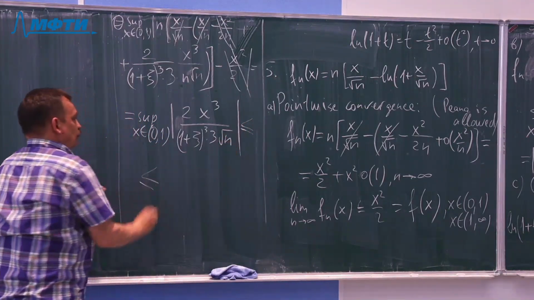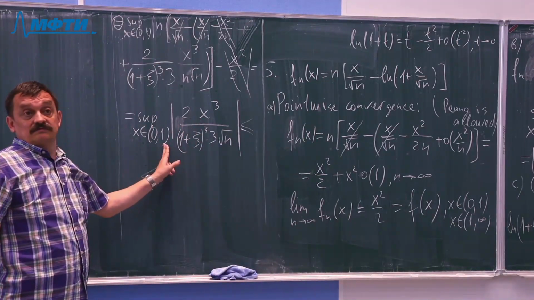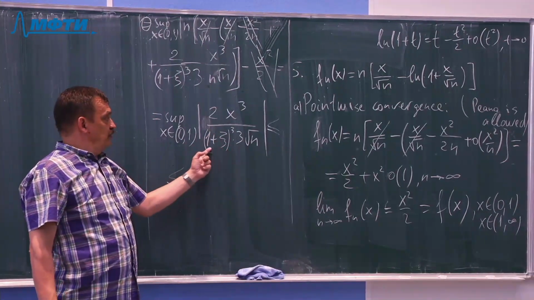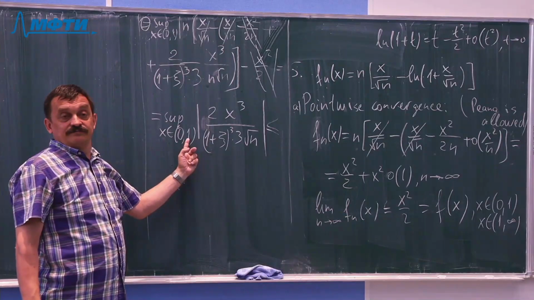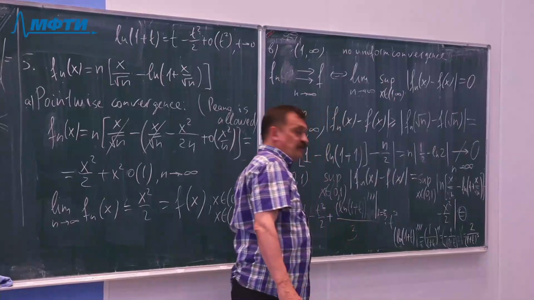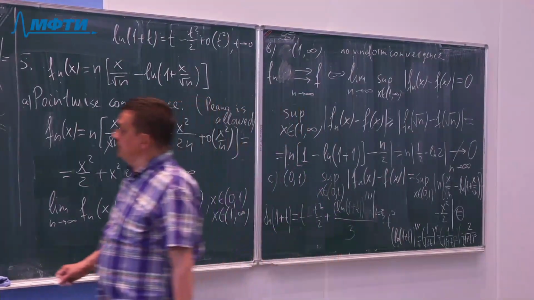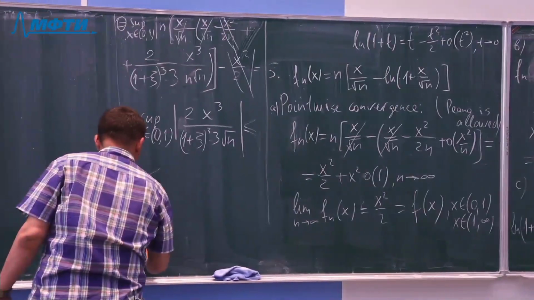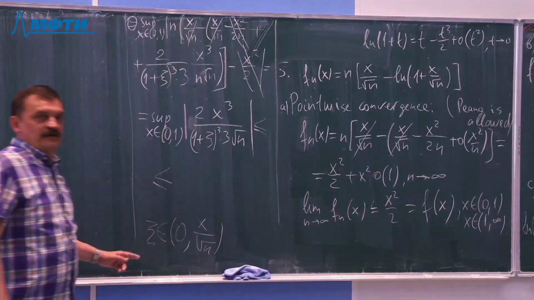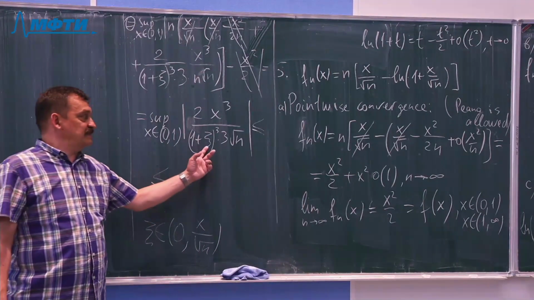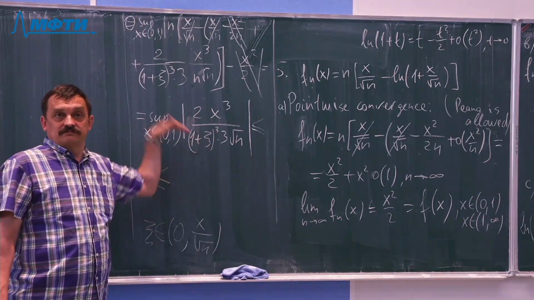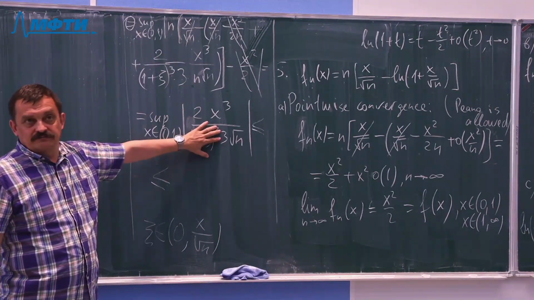Let's say it is equal to what? x cubed is no more than 1, right? In the denominator, xi is somewhere between 0 and, where is xi? Xi is between 0 and t, right? So here xi is between 0 and x over square root of n. That is where xi is. What's important for us, xi is positive, right? So this 1 plus xi cubed is greater than 1, so I may replace it by 1.